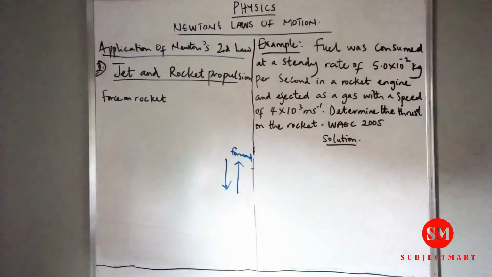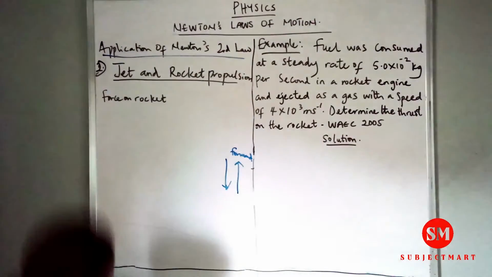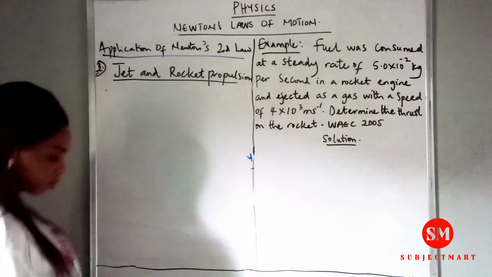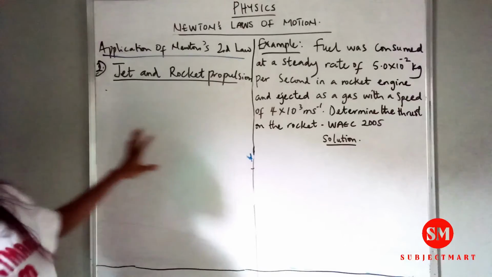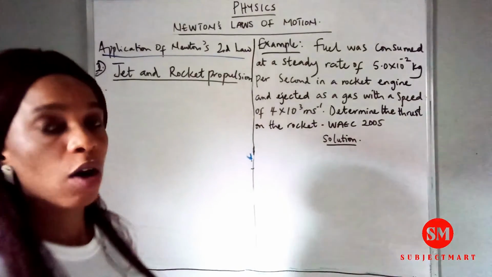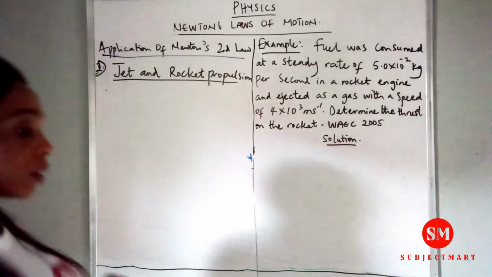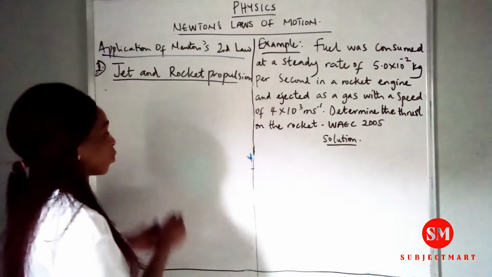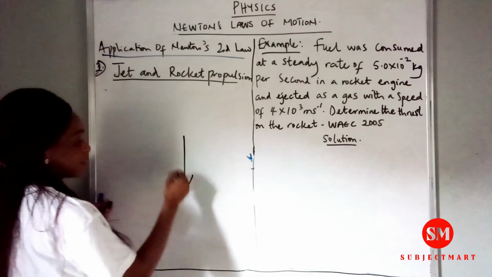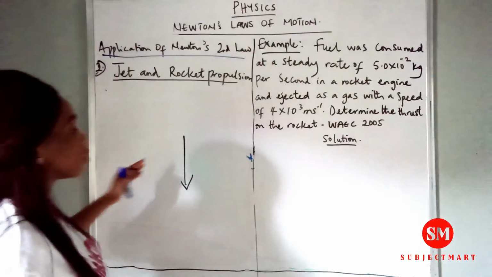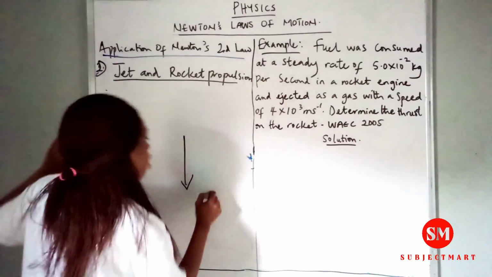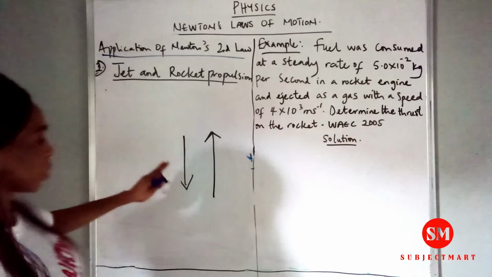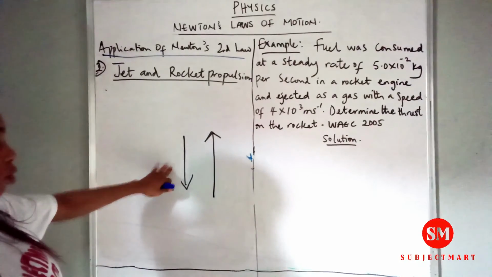Another application of Newton's second law is jet and rocket propulsion. Now, a rocket has gases in its combustion chambers. As these gases are released downward at a very high velocity, the rocket is propelled upward with a momentum at this particular speed also.